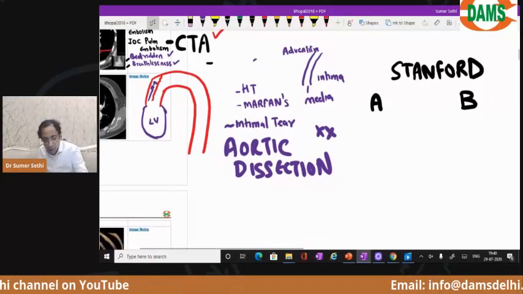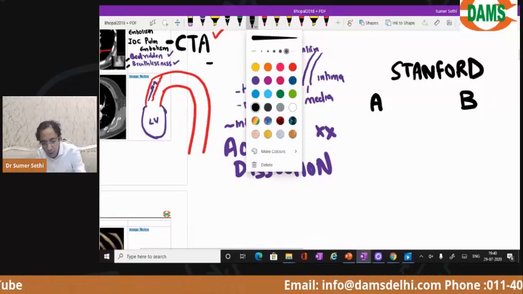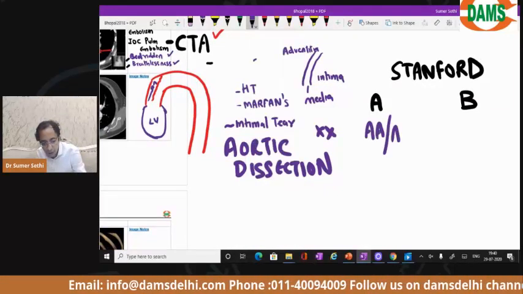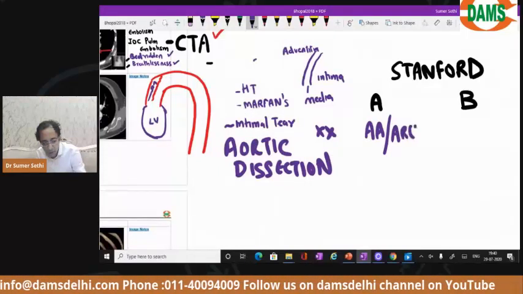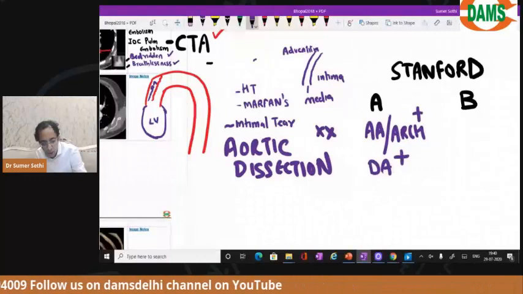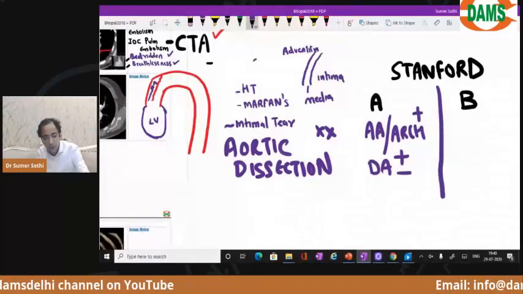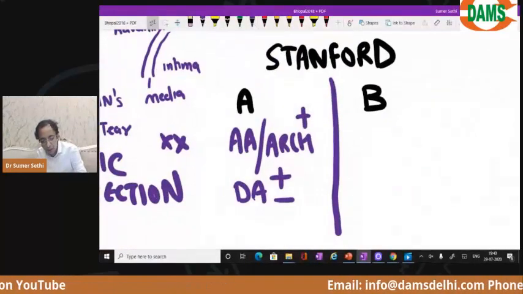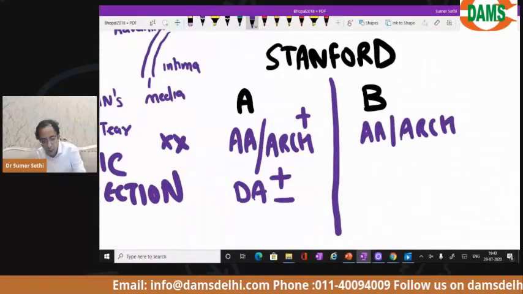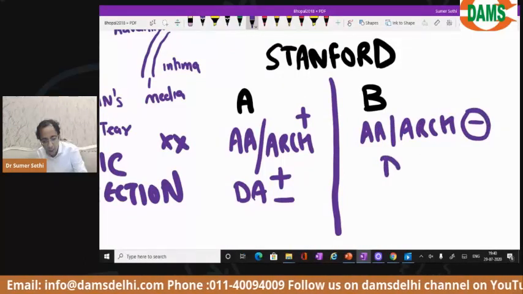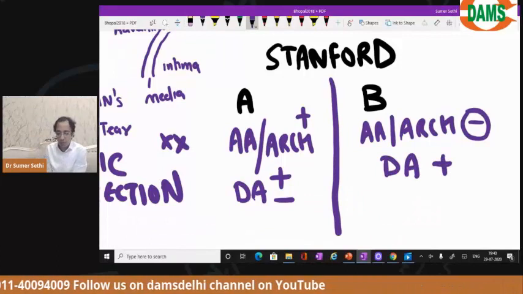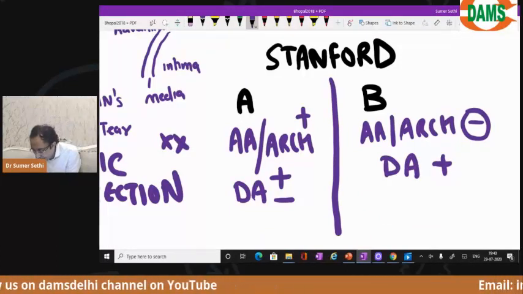Now, if the aortic dissection is involving the ascending aorta or arch of aorta, even if the descending aorta is involved or not involved, we will call it Stanford type A. If the ascending aorta or arch are normal and the dissection is only involving the descending aorta, we will call it Stanford type B. Are you clear?